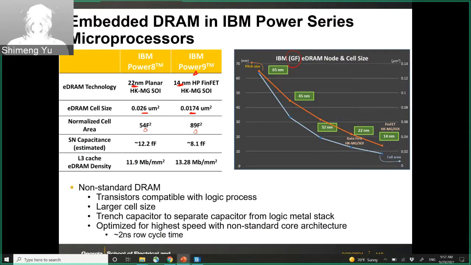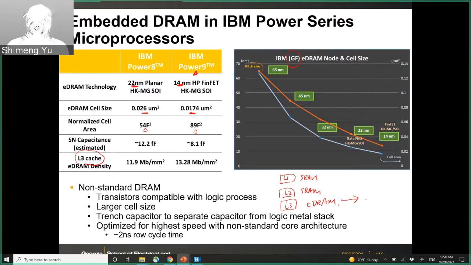For IBM's processor, the eDRAM is used as the last level cache. So in their case, the L3 cache is eDRAM. In IBM's processor, the L1 is still SRAM, L2 is SRAM, and L3 becomes this eDRAM. And this eDRAM can be much larger in terms of capacity.